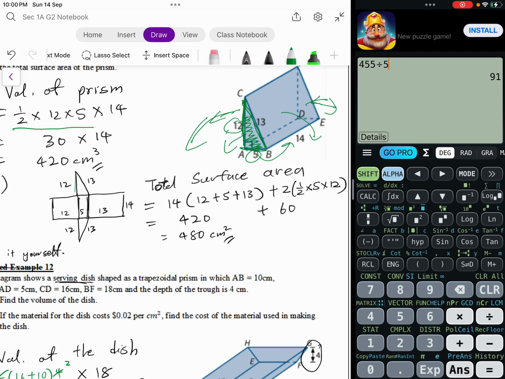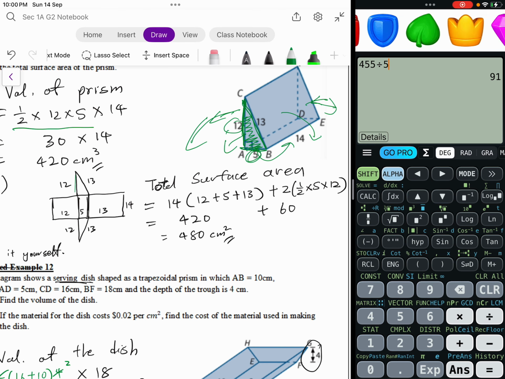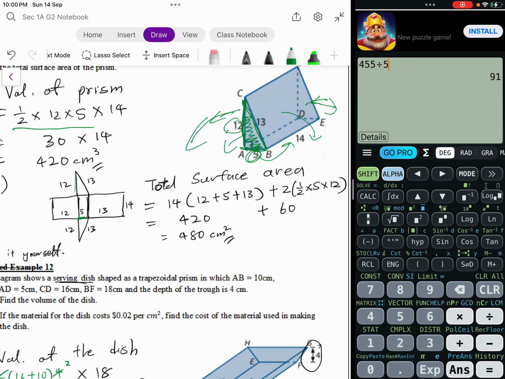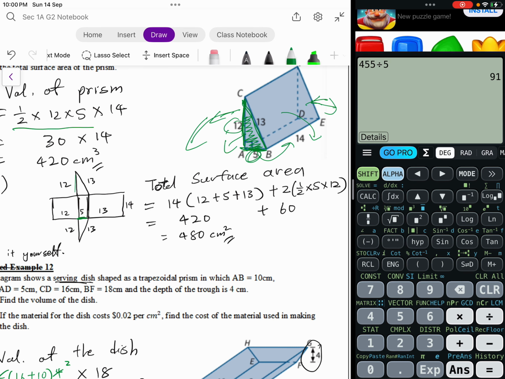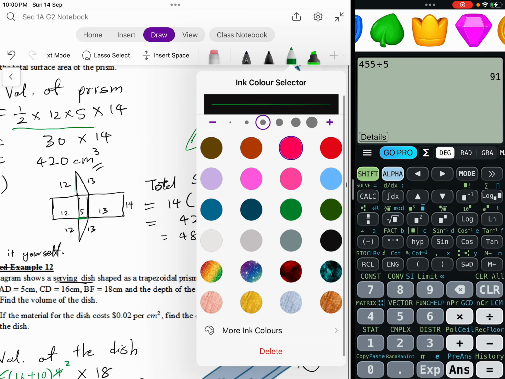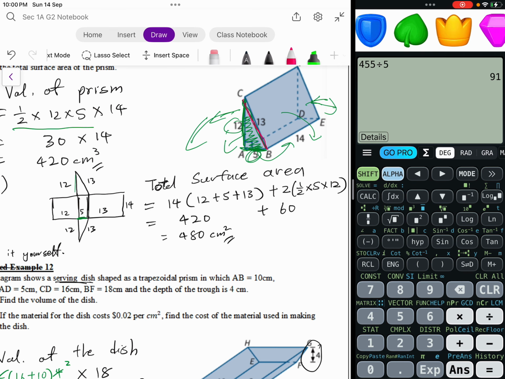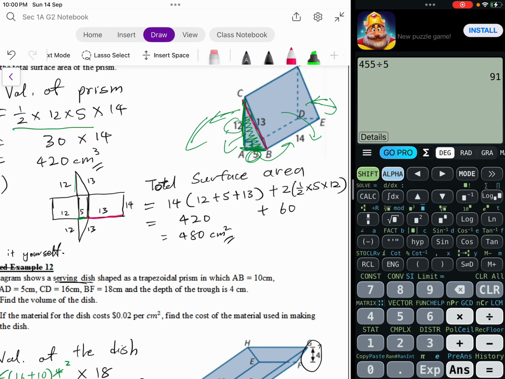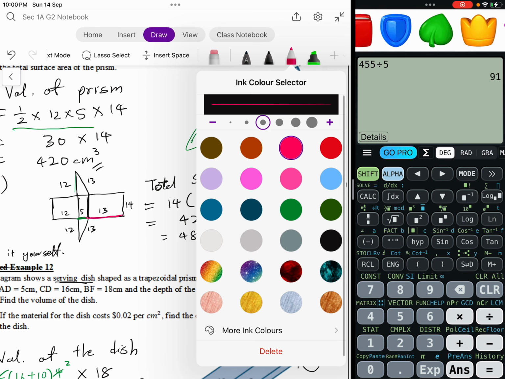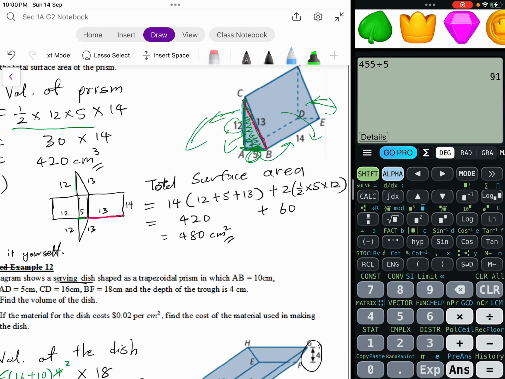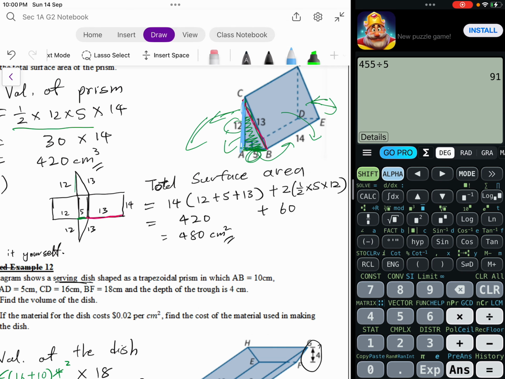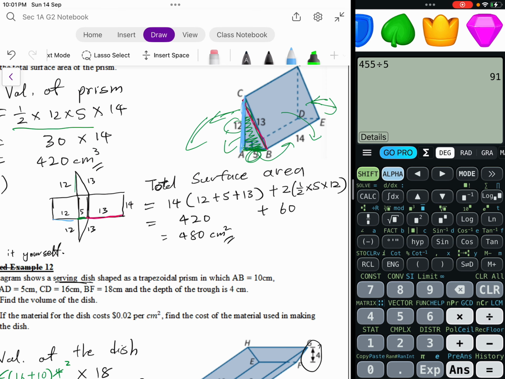And this long rectangle, if you remember, this side is 5, this side is 5. This side is 13, this side is 13. And this side is 12. Like blue here, this side is 12.